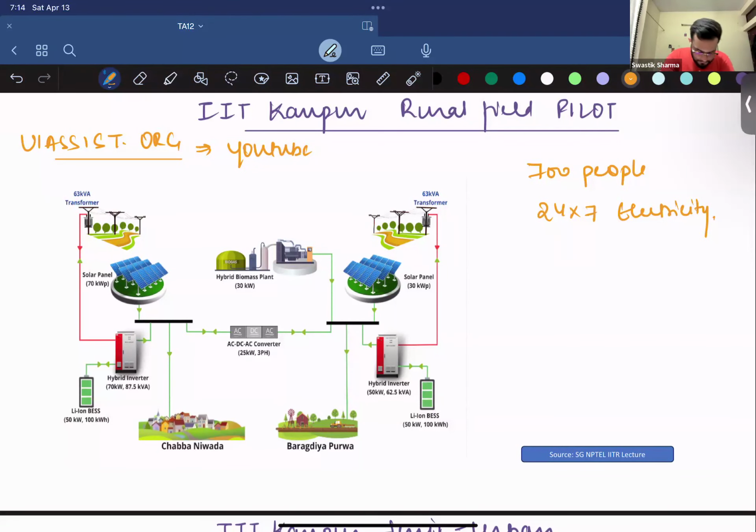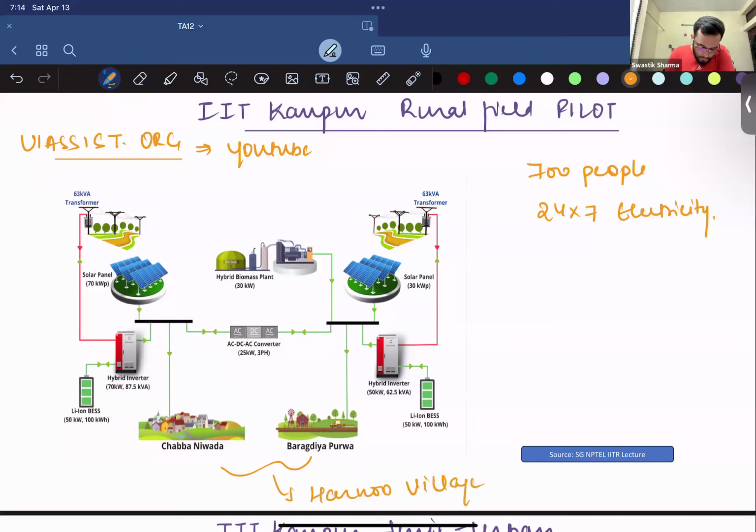The solar panel was installed at Chhaba Nevada village hamlet, and the other one was at Baragadia Purva. Both of them are part of Harnu village, which is around 45 kilometers from IIT Kanpur.